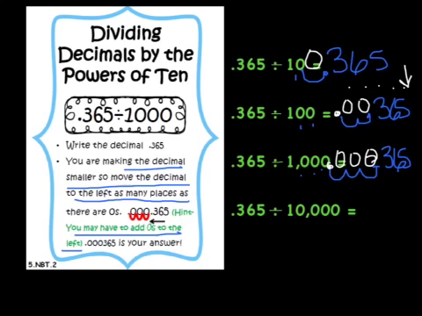And 365 thousandths divided by 10,000. 1, 2, 3, 4 zeros. So 1, 2, 3, 4 places to the left. Add your decimal and 1, 2, 3, 4 zeros.